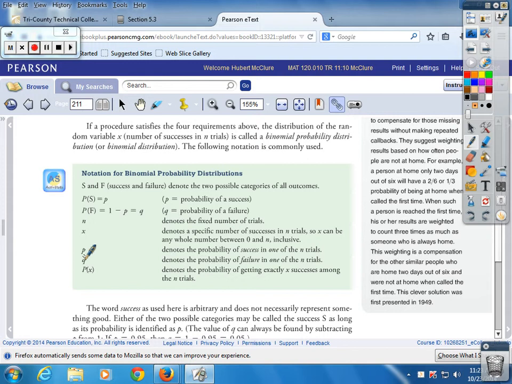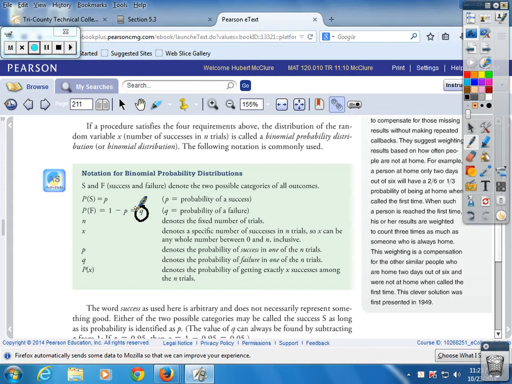Q starts with a C. What is it? The complement of P. In other words, if P is true, Q is false.